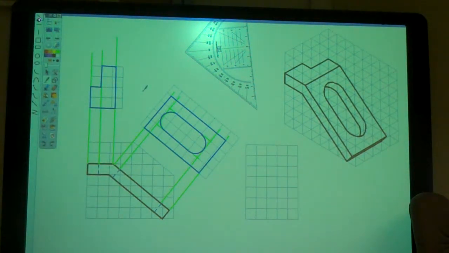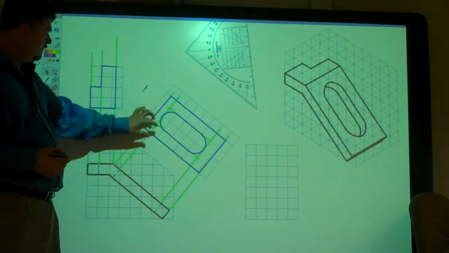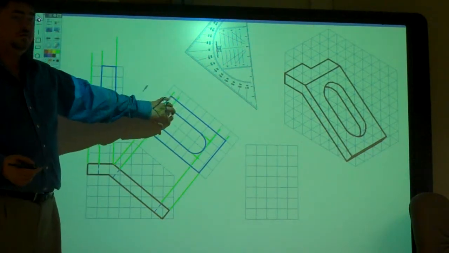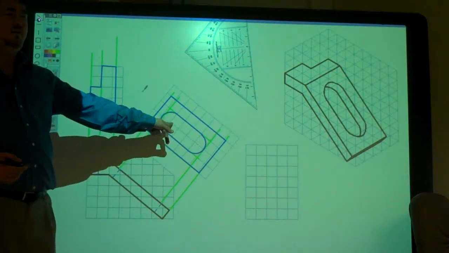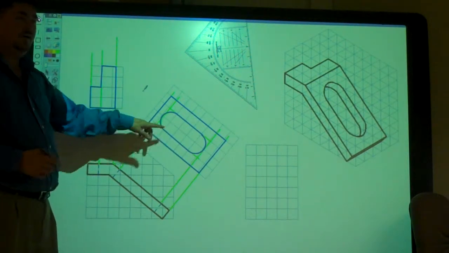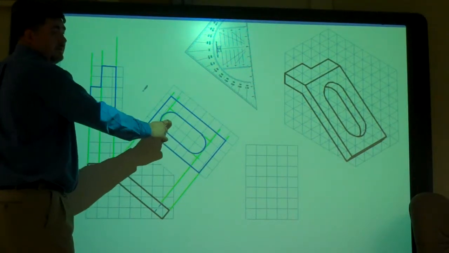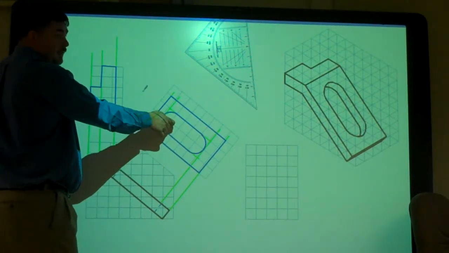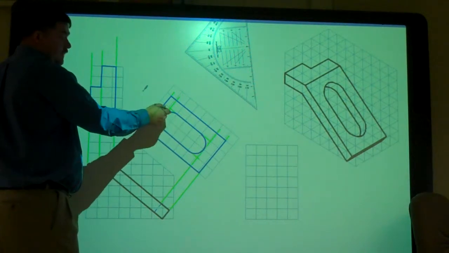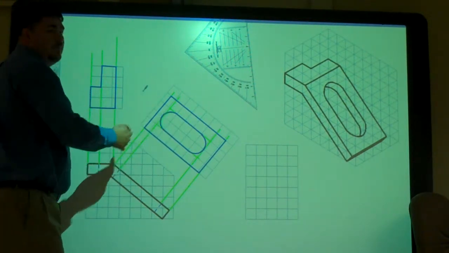Could you do that one more time? Where you set the compass initially and then took it up and then you moved it? I put the center on the cross there, okay, center point, and I know the radius is that way, so I set the radius this way. So I know that distance. And then I just turned it up, and I moved it up and down until the lead touched that top line.